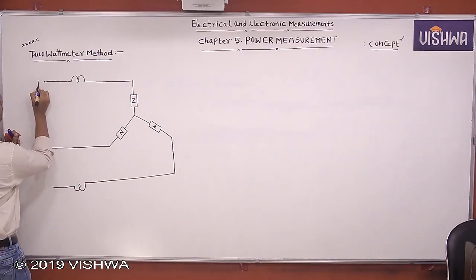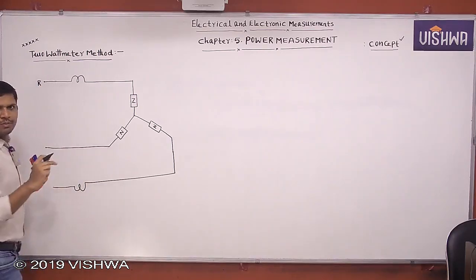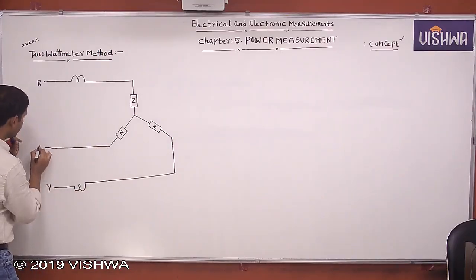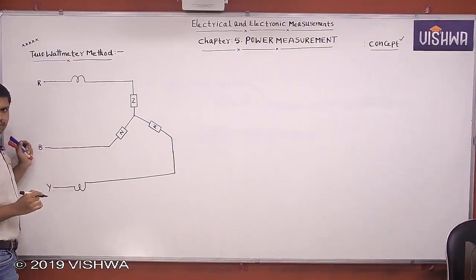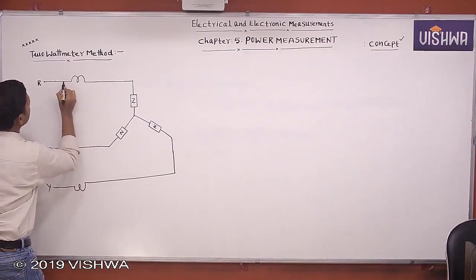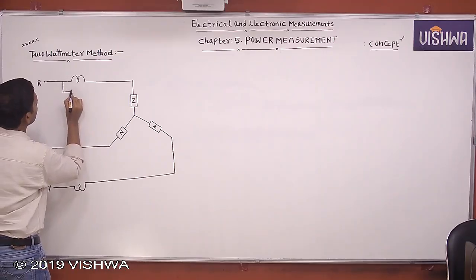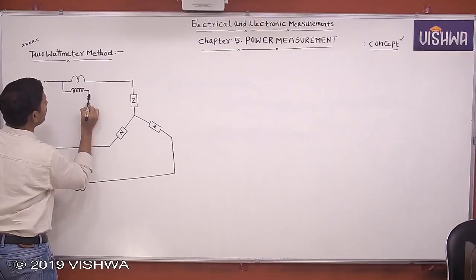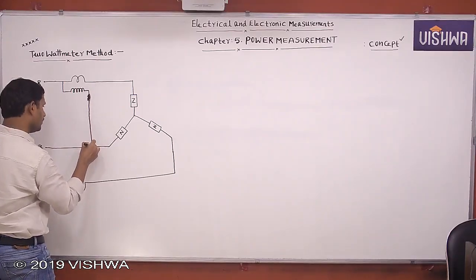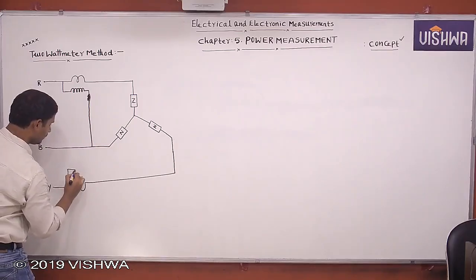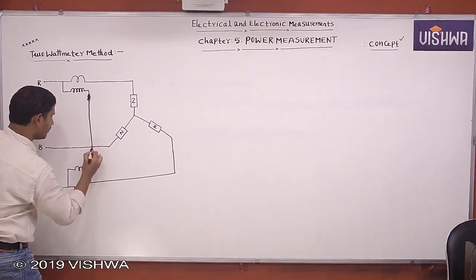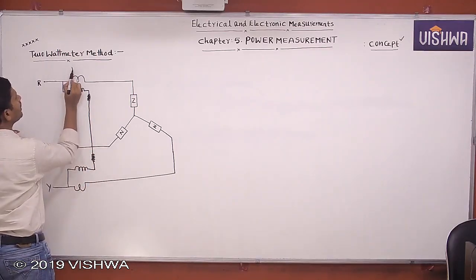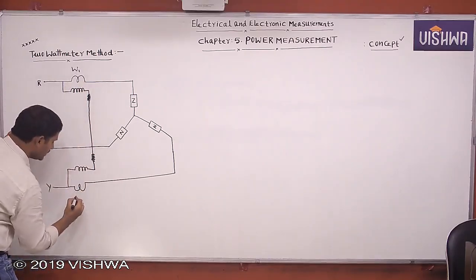This is R. I have taken the RYB phase sequence in clockwise. This is Y, this is B. RYB phase sequence. This is the W1 wattmeter and this is the W2 wattmeter.